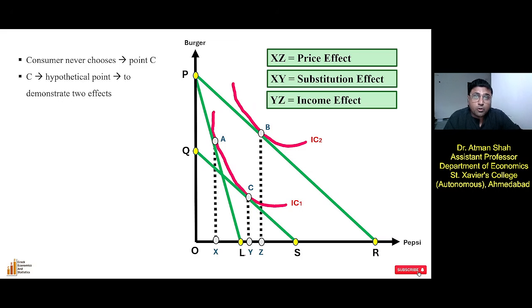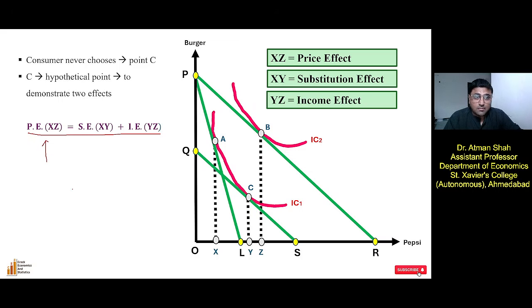But here, in moving from A to B, the two effects are in progress. One is the substitution effect, that is from X to Y, and another is the income effect, that is from Y to Z. So therefore the price effect, that is XZ, is equal to the substitution effect, that is XY, and the income effect, that is YZ. So that means the consumer's purchase of Pepsi increases by XZ amount.